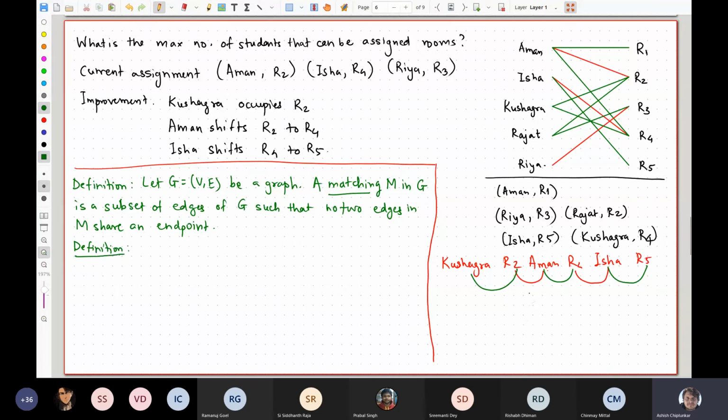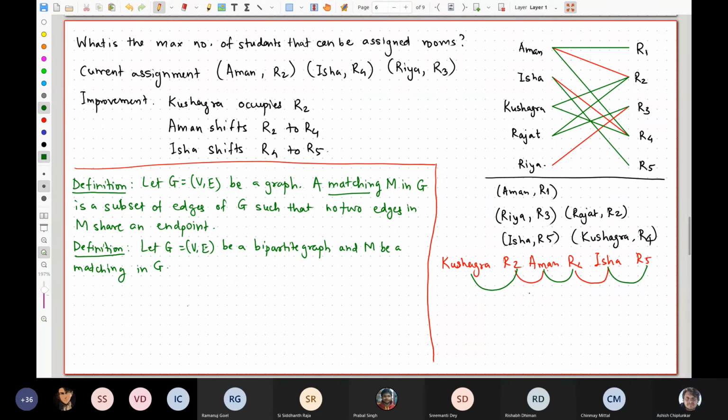Some parts of this definition are also applicable to non-bipartite graphs, but we'll restrict our attention to bipartite graphs. Let G = (V, E) be a bipartite graph and M be a matching in G. Now we want to define something called an alternating path, alternating cycle, and augmenting path.